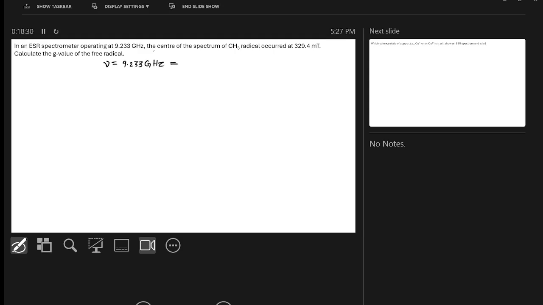Gigahertz means you can easily convert it to 9.233 times 10 to the power 9 hertz, or per second. And the center of the CH3 radical occurs at this millitesla. Calculate the value of g for this CH3 radical.